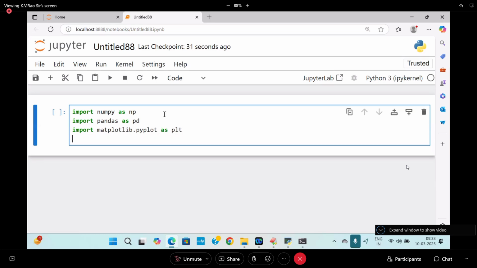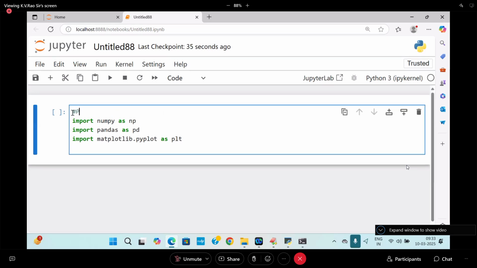Now I'm taking the implementation of a histogram. Easy, not at all difficult.